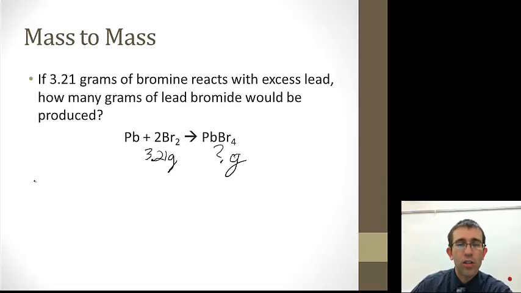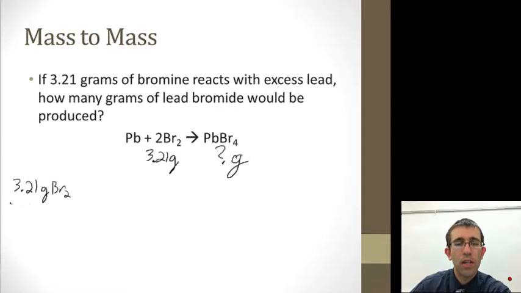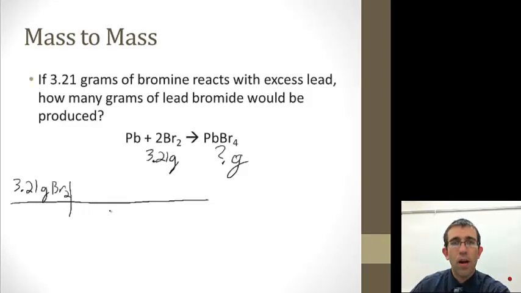So in our charts, we always start with our given, 3.21 grams of bromine. I don't want grams of bromine, so I know grams of bromine is going to go down here. And we can go from grams to only one thing, and that's the mole.